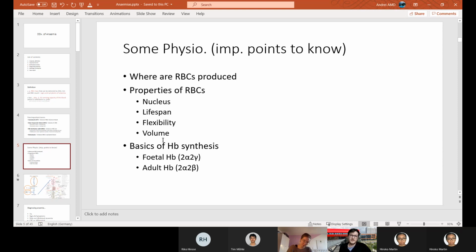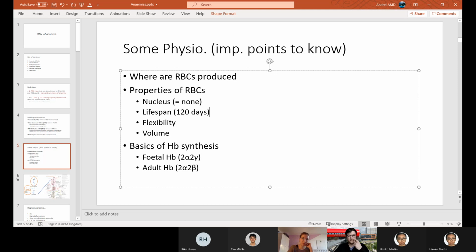So some properties of red blood cells. Do they have a nucleus? No, they don't. The lifespan. Who knows the lifespan? Under 20 days. Yeah, nice. So no nucleus, and the lifespan is 120 days, correct?